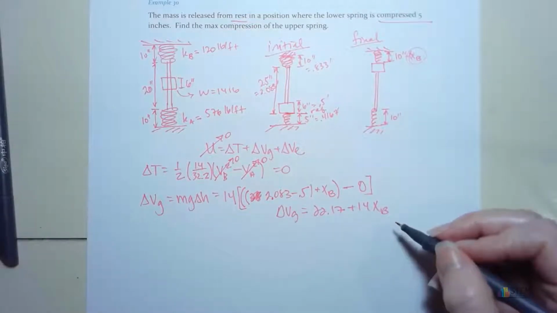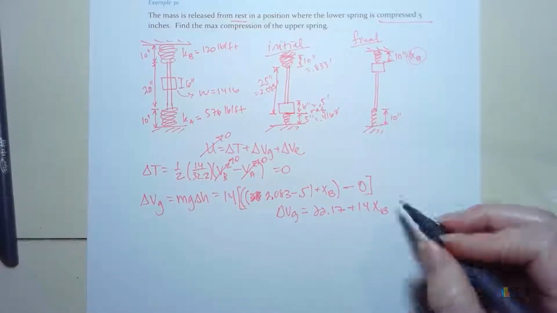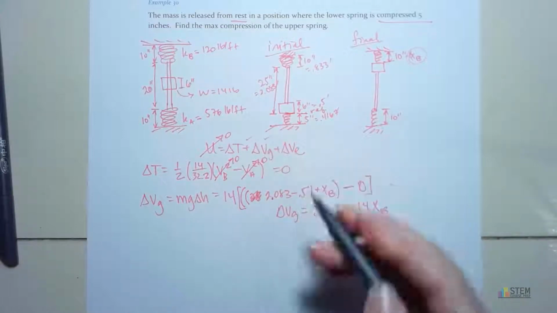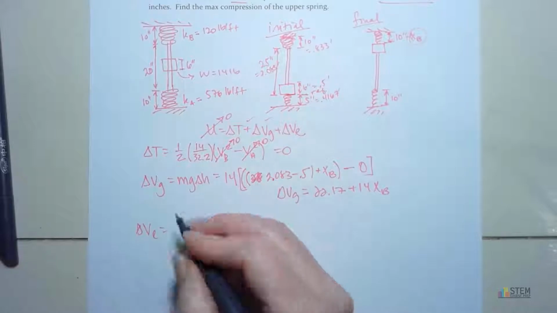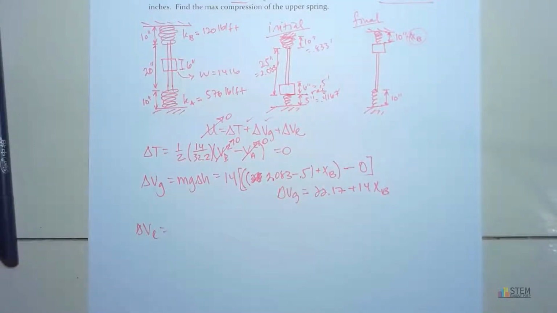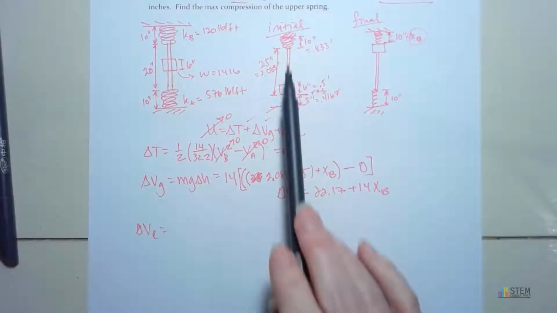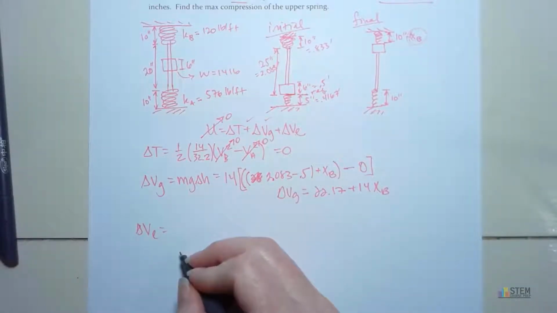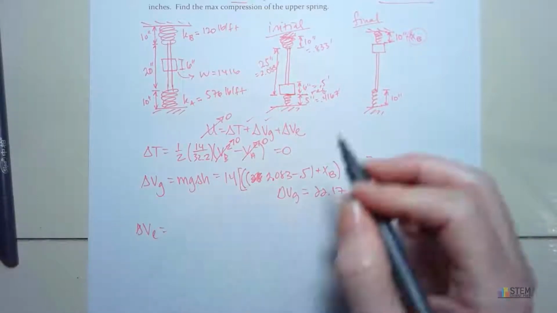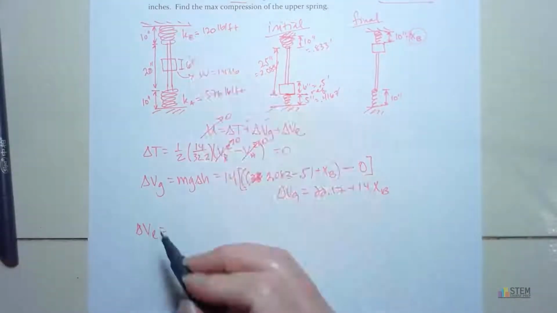And what do we need to do next? We got this one, we got this one, now we got this. Now this takes care of our springs. You've got 2 springs, so you're going to do one of those equations for the potential energy for each one of these springs. Let's do this top one first.